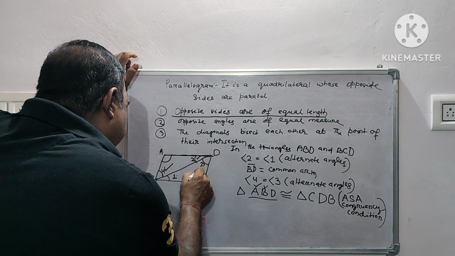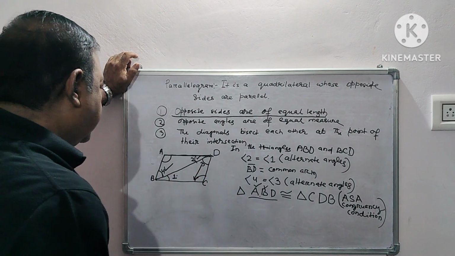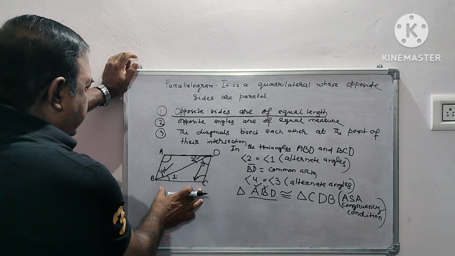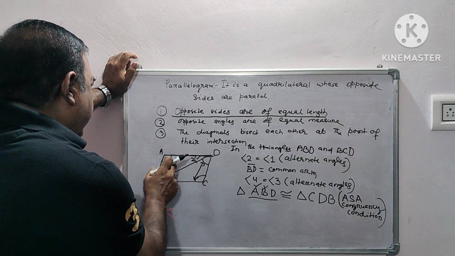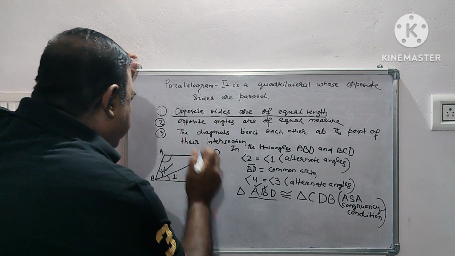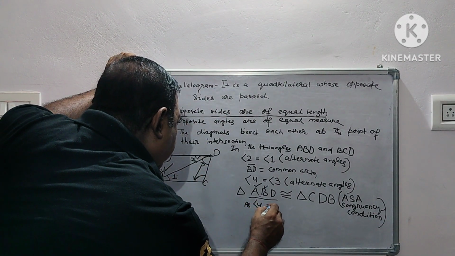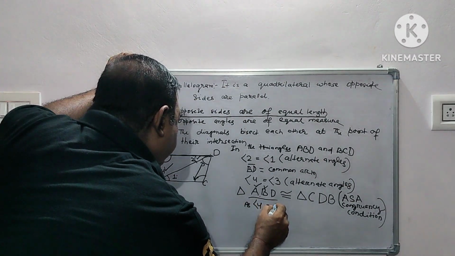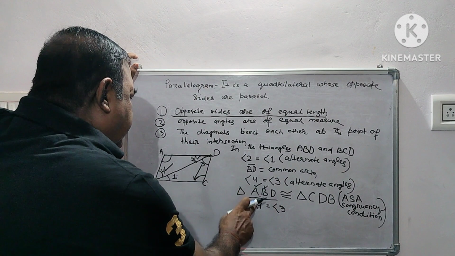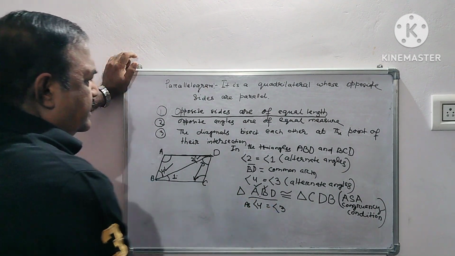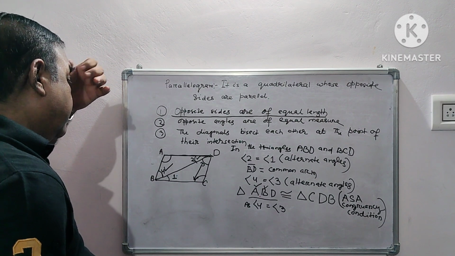So the opposite side of angle 3 is BC and the opposite side of angle 4 is AD. As angle 4 is equal to angle 3, the opposite sides of both the angles will be equal to each other. That means they will be of equal length.